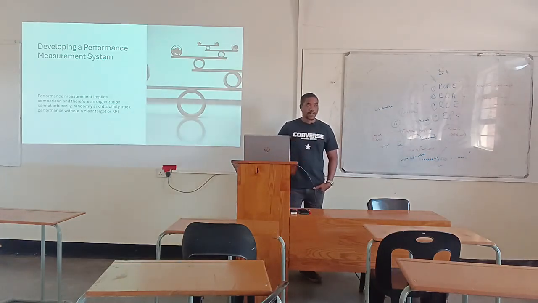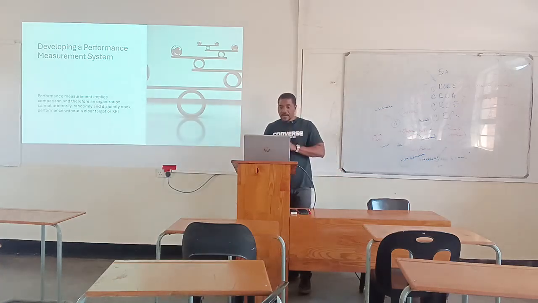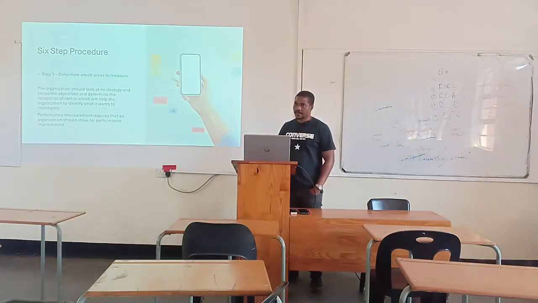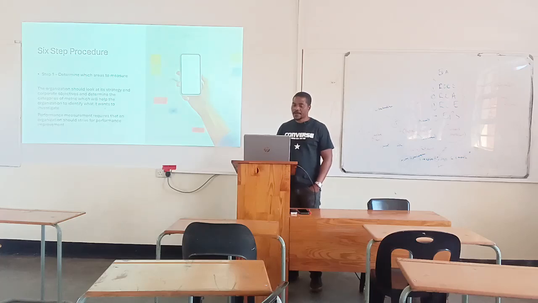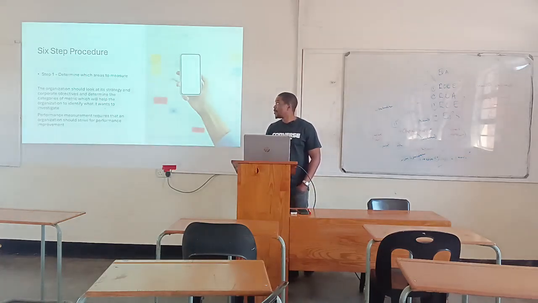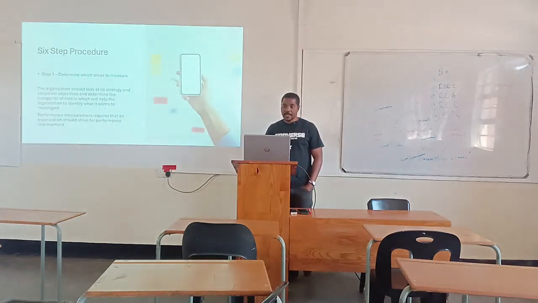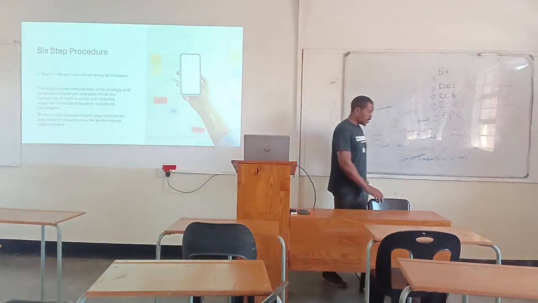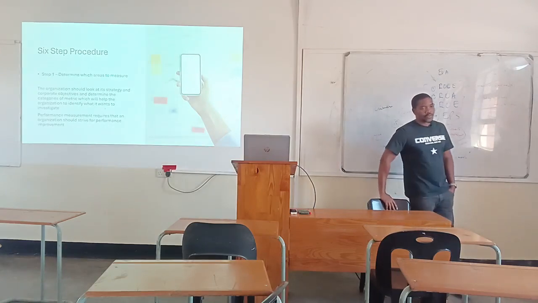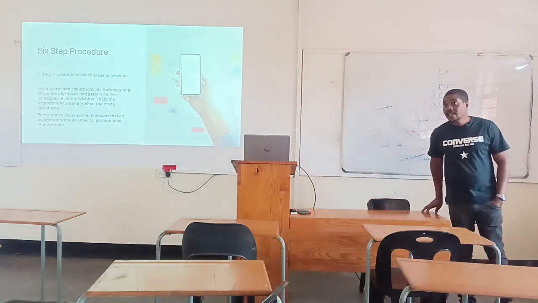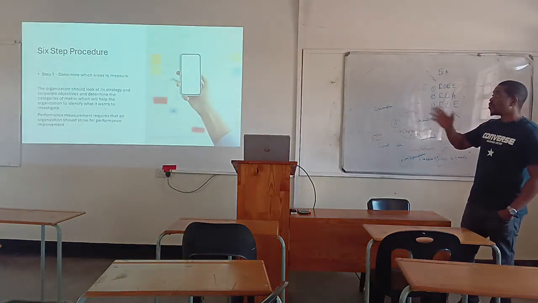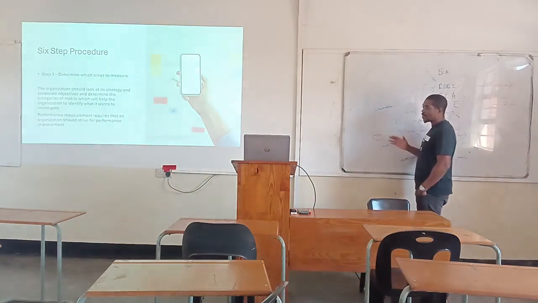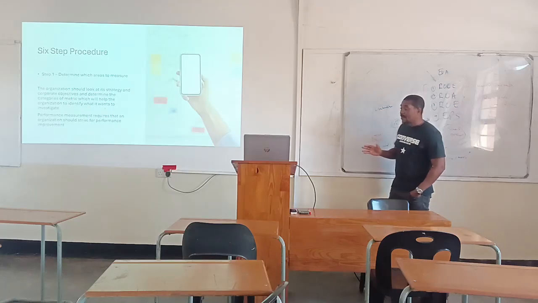So for us to develop our performance measurement system, we are going to look at the 6-step procedure, right? Under the 6-step procedure, we have got 6 levels where we have to ensure that we follow and understand and be able to compare information or compare notes on how the set objectives or the set standards have been met.